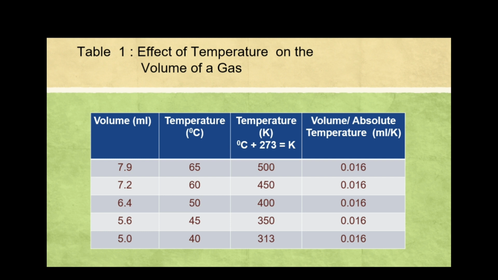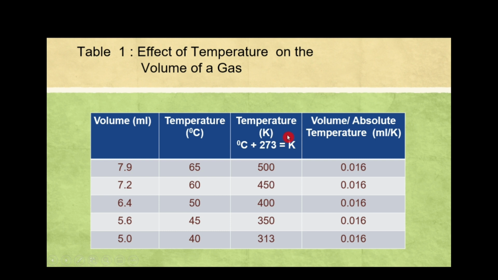Yes, the value for the volume decreases as we go downward. Okay? For the second column, we have temperature expressed in degree Celsius. So when we go downward, you will notice that the temperature value decreases. On the third column, we have temperature expressed in Kelvin.